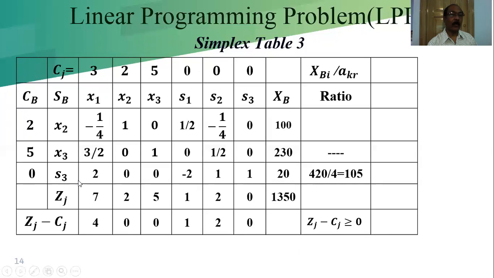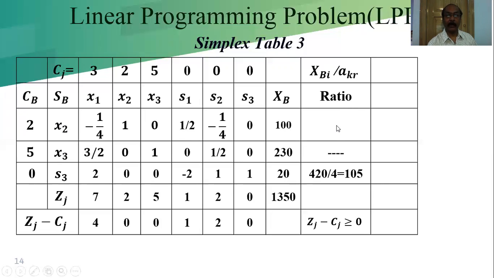And what is the optimum solution? X1 equal to 0. X1 is not here. X1 equal to 0, X2 equal to 100, X3 is equal to 230. That is our optimum solution.